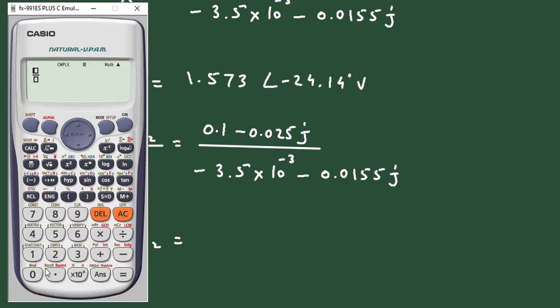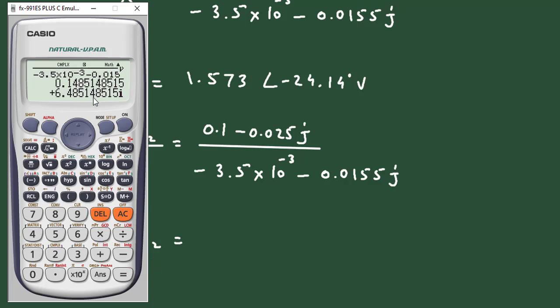So V2 is equal to 0.1 minus 0.025 into j divided by minus 3.5 into 10 to the power minus 3 minus 0.0155 into j.